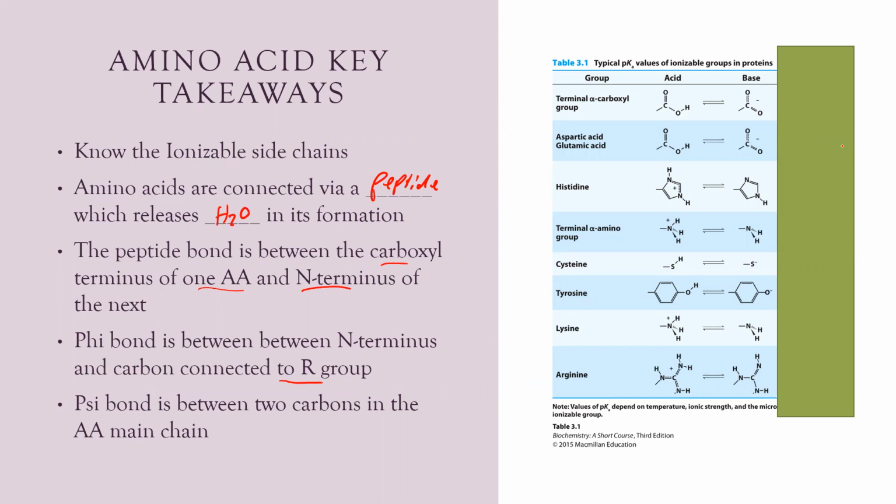Any questions about those? Okay, so I'm going to test your group on the pKa's of the ionizable side chains here. What's this one? Terminal alpha carboxyl group. Yes. Okay, aspartic acid, glutamic acid, histidine, alpha amino group.